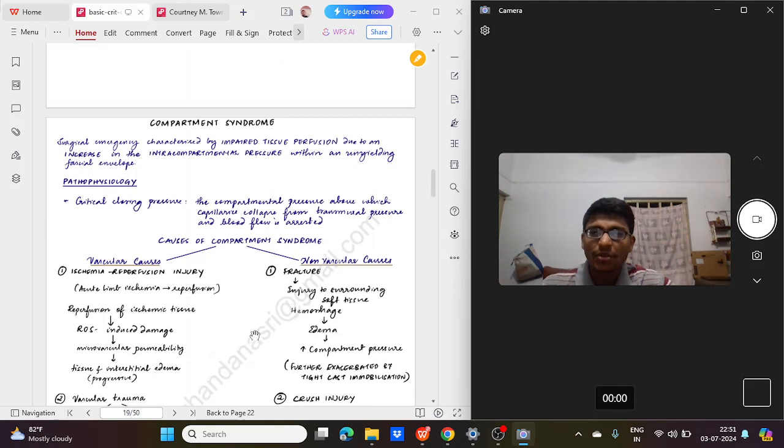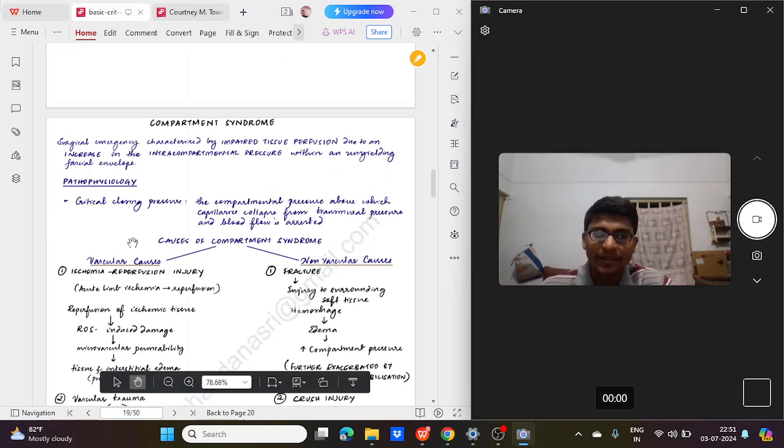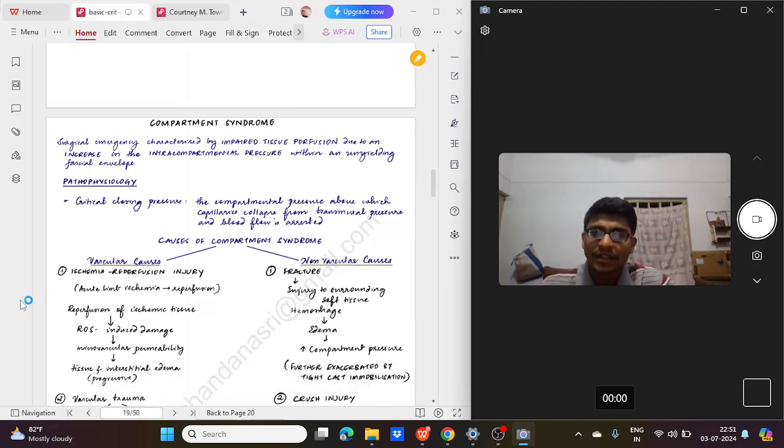Acute compartment syndrome. So, we'll begin with compartment syndrome is a surgical emergency where we have to save our patient from losing his limb and sometimes even life.